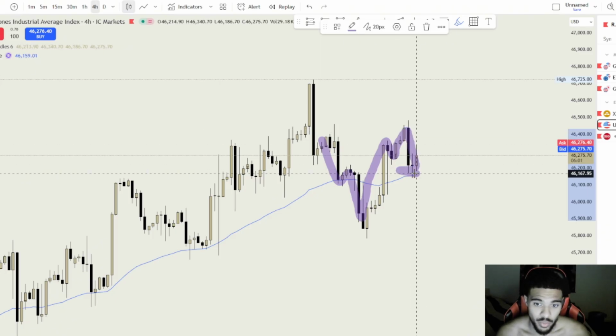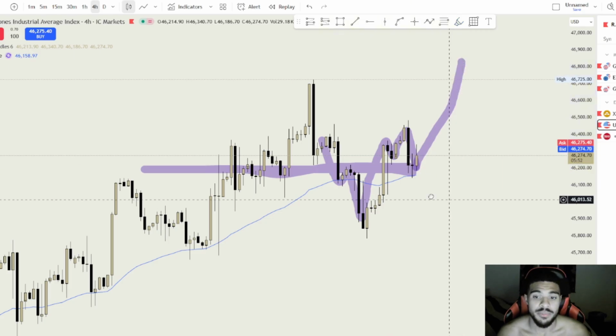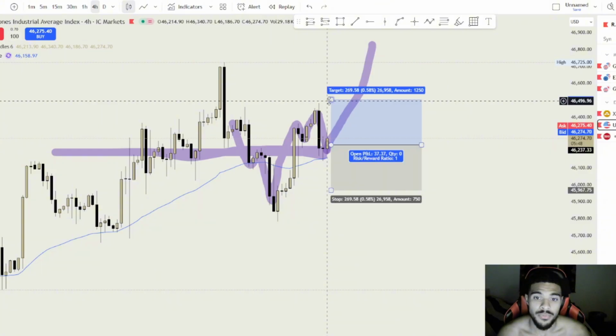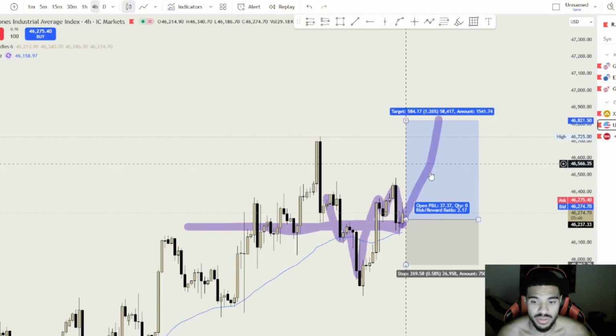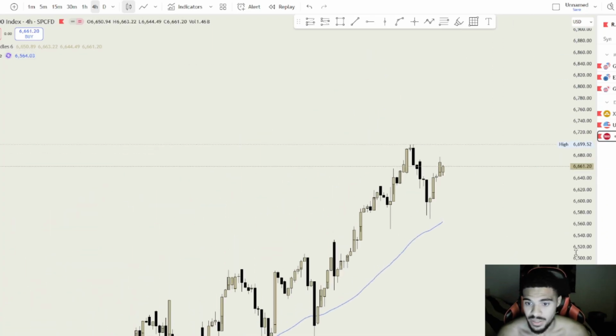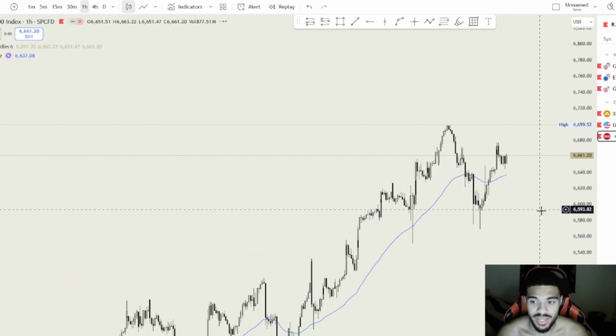Rejection off of the EMA, two off of this neckline here, and also off of extra structure points. So price for me is bullish. Expect price to continue to go up off of this zone for me on the Dow Jones, which is the US 30. And similar with the S&P 500. They kind of work in comparison, just different entries, but I'm also bullish on the S&P 500.